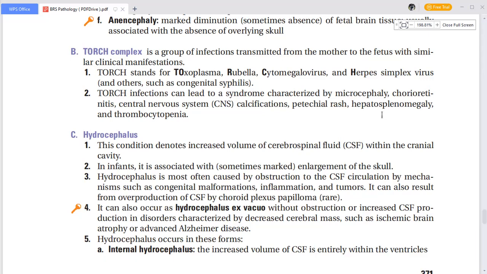So what is hydrocephalus? We talked about hydrocephalus somewhere. The flow of cerebrospinal fluid: the main of it, or we can just assume that 75% to 95% of it, is made in the lateral ventricles.